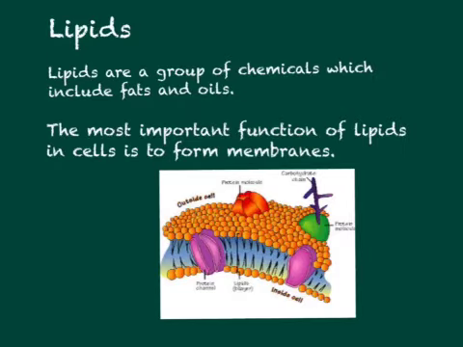Lipids are a group of chemicals which include fats and oils. And in cells, the most important function of lipids is to form the cell membranes. Remember, all cells have membranes, and having a membrane is really what makes a cell a cell.